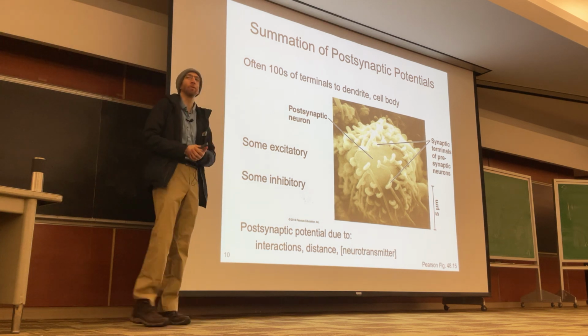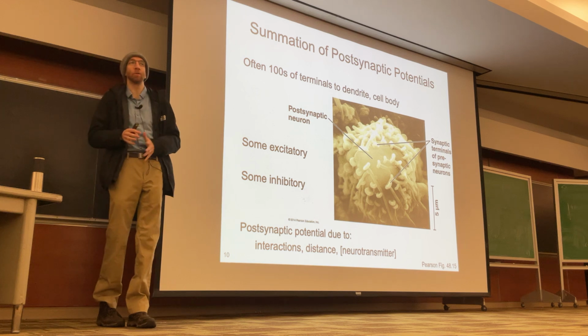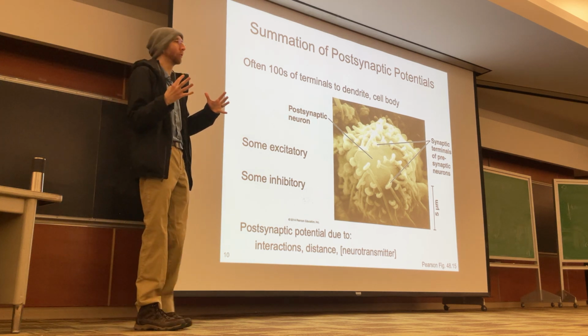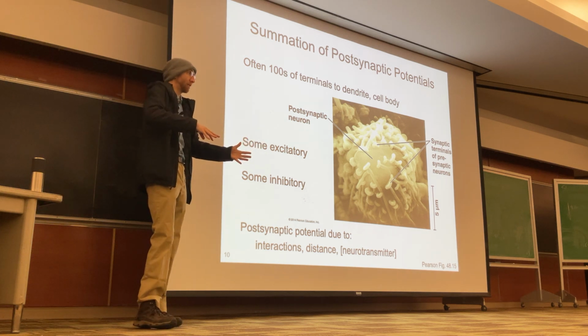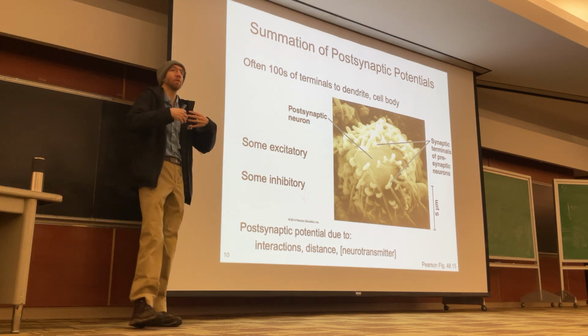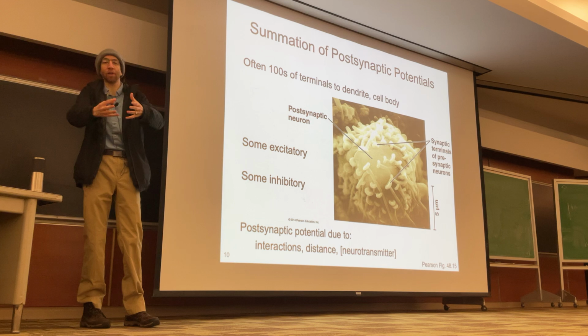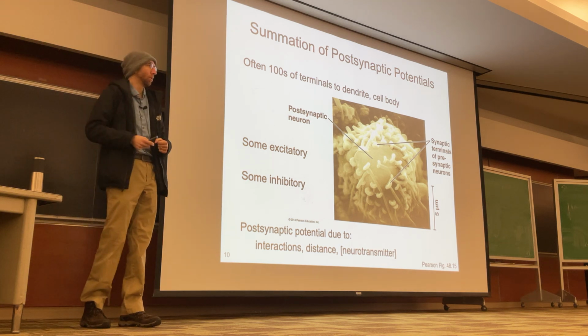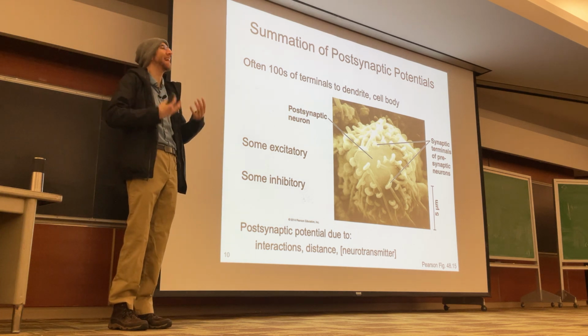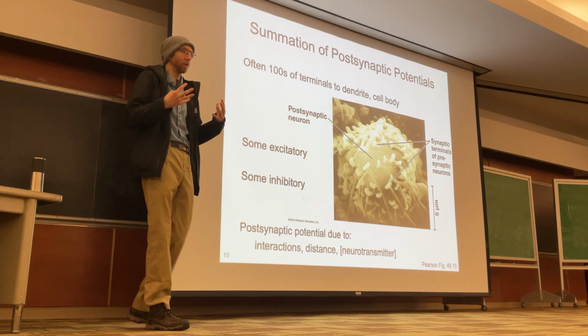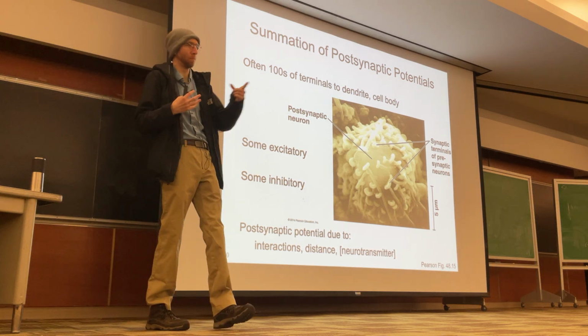So if a lot of neurotransmitter is released, it's going to open up more channels, you're going to get a stronger depolarization or stronger hyperpolarization. Less neurotransmitter gets released, fewer channels get opened, weaker signal. So you have to take all these different factors into account when you're figuring out what's going to be the net effect of all the signals that a neuron is receiving at any given time.